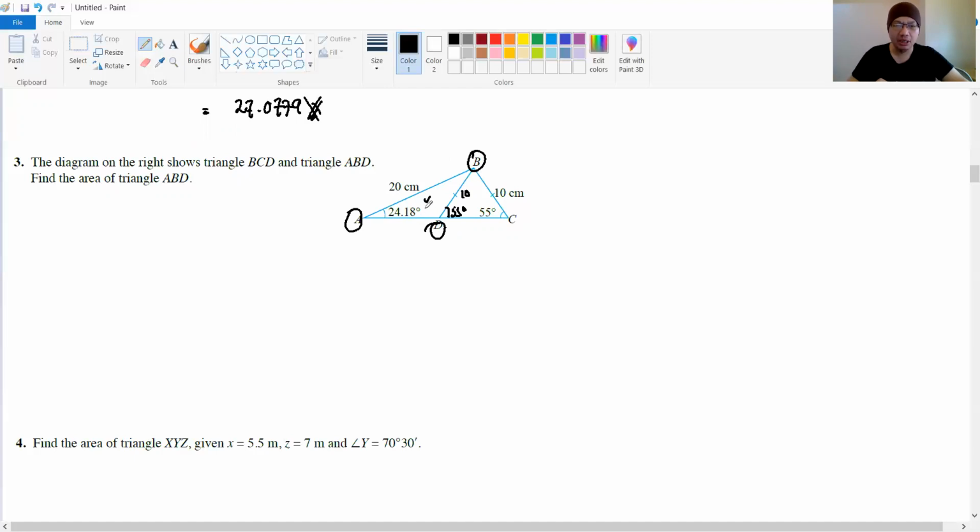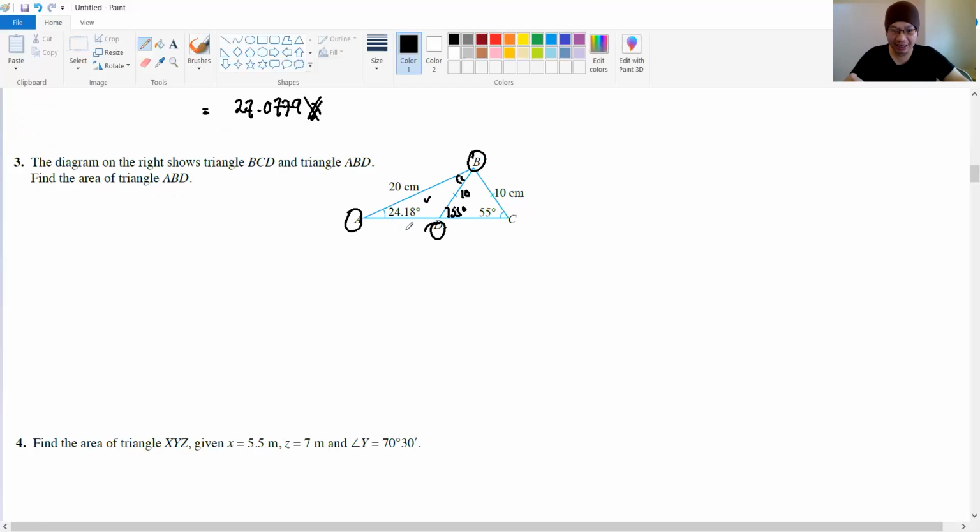That's option 1. Option 2, we also can determine the area since we got the length of 20 and also the length 10. How about the angle here, this angle B? If we find this angle, then we can find the area straight away. Instead of using 24.18, we need 20 and the length of AD to find the area.